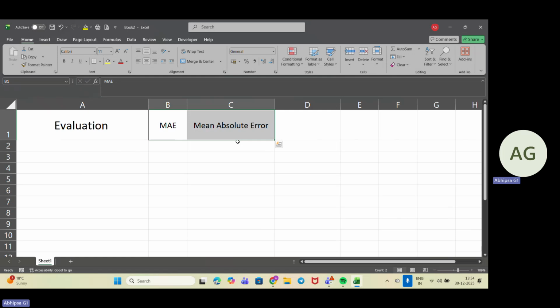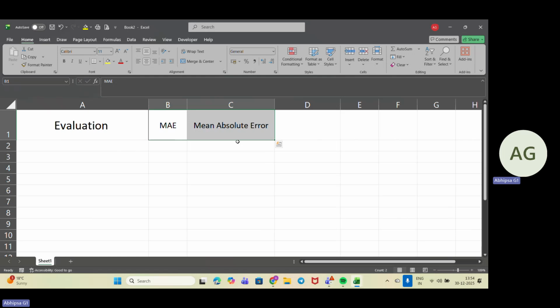We are not taking whether the prediction is greater or lower than the actual value, but just the average value of the mistake or error.